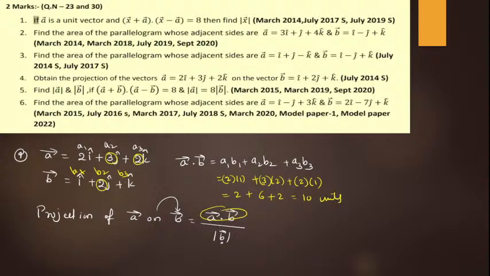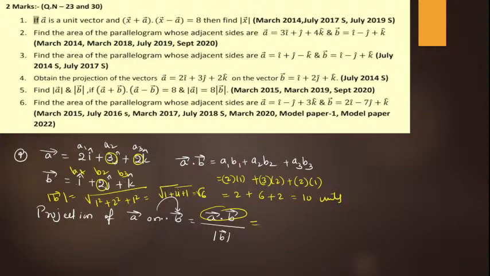Next you need to find the magnitude of B. Since vector B is given, its magnitude will be the square root of b1 square plus b2 square plus b3 square, that is 1 square plus 2 square plus 1 square, which is 1 plus 4 plus 1, that is equal to square root of 6.